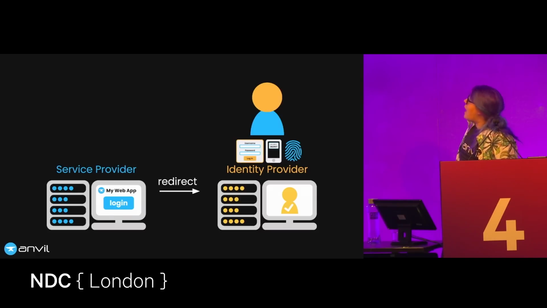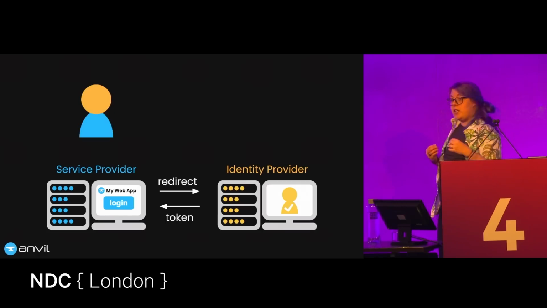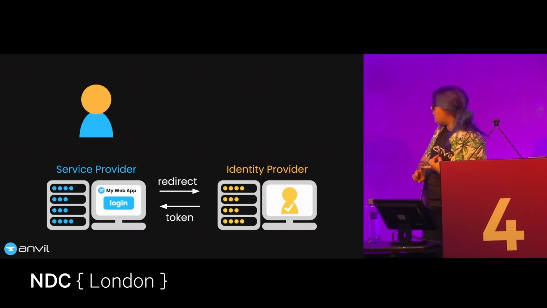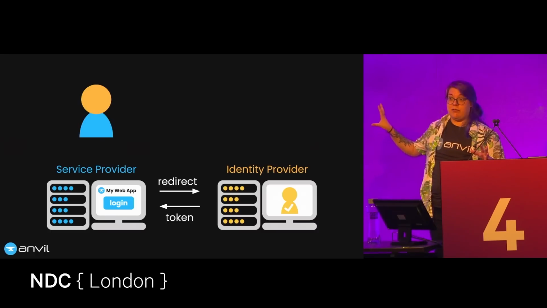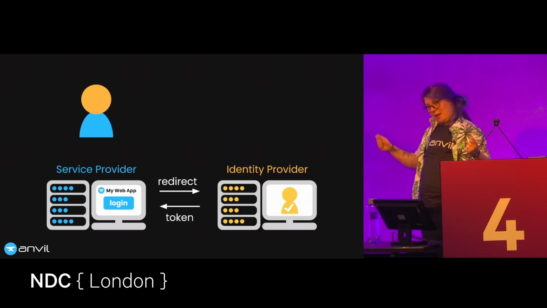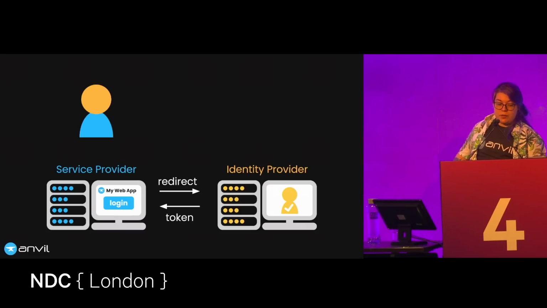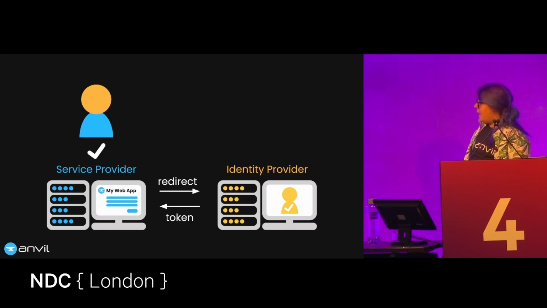And then it sends you back to the service provider with some kind of token of proof that the service provider can use to understand who you are and trust that the identity provider has sent it correct information. So this entire process should be cryptographically signed, right? With everybody being able to trust that the entities they're talking to have actually sent the messages that they claim to have sent. The service provider is able to interpret that token somehow, verify it, and let you log in and get out your stuff.